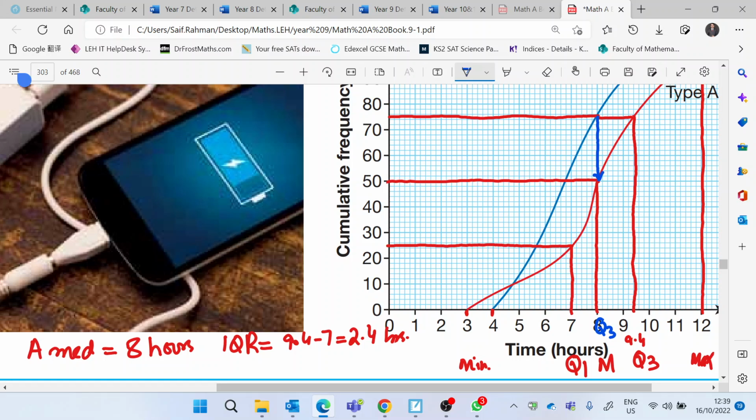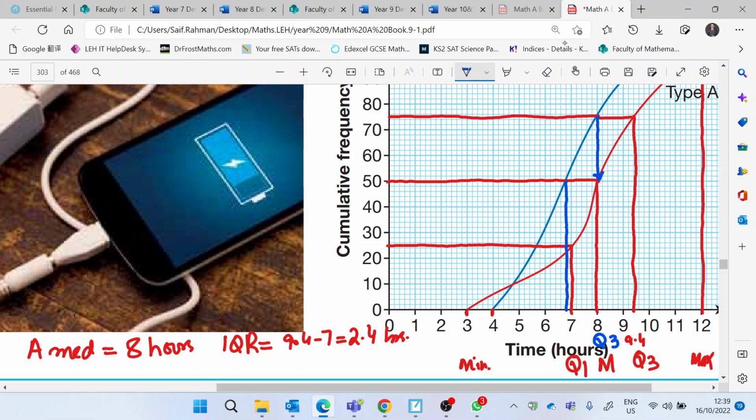Okay, at 8 it's the Q3 for the blue ones, and their 50% or Q2 is here, 6.8.